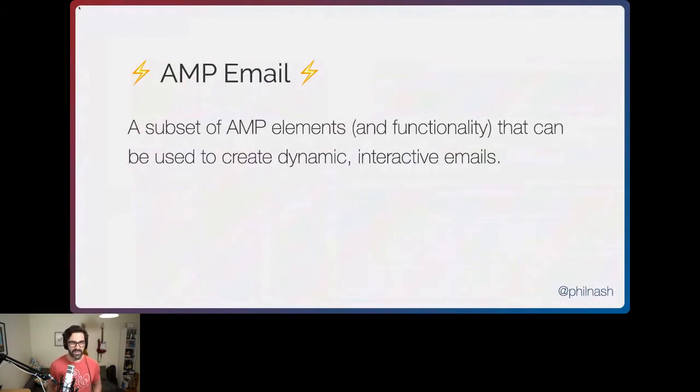And it's neat because AMP email is made up of 18 web components that you can use inside an email. We'll see some of those in just a minute, but it allows us to create these dynamic, interactive things. And even though there are only 18 of them, there's a lot of power in those elements that you can use. And I'm going to show you how to build with some of that in just a minute.